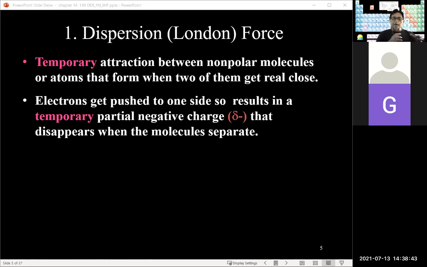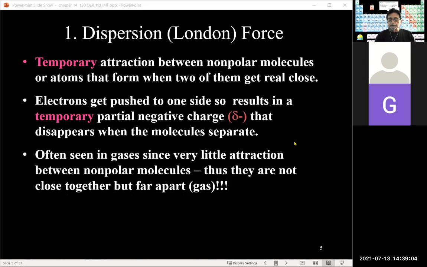They're temporary forces between nonpolar molecules. Whereas polar molecules have a permanent dipole, nonpolar molecules have what we call an induced, temporary dipole. They create a partial negative and a partial positive side to get that attraction.